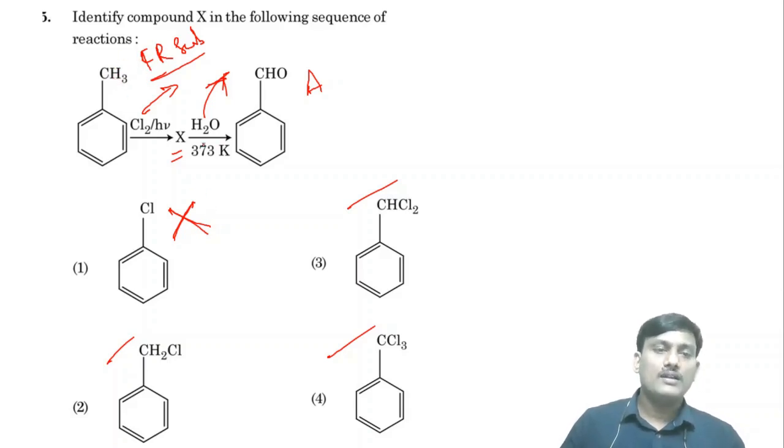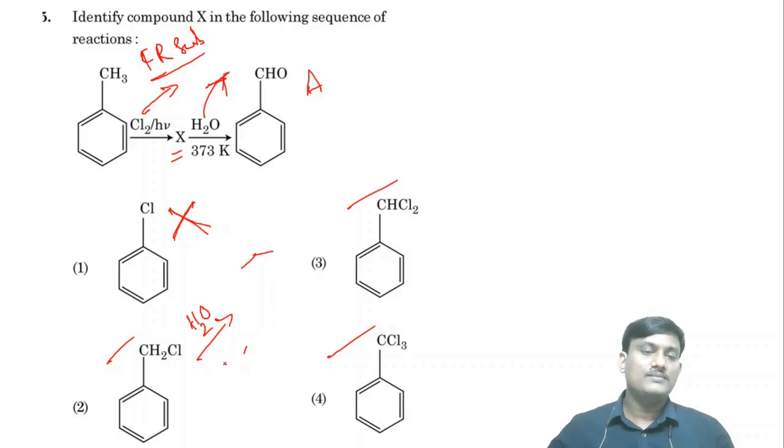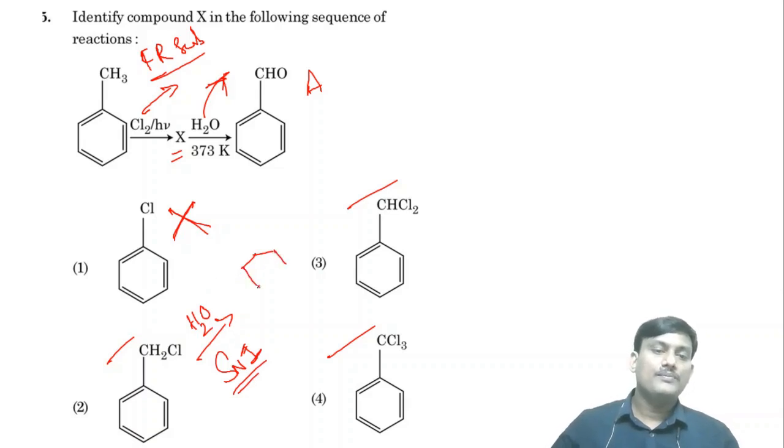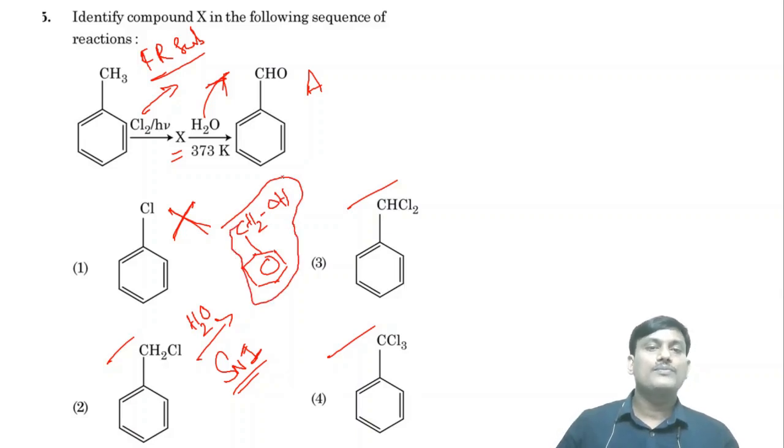Then upon hydrolysis, what is the product? Here there is a nucleophilic substitution reaction, SN1 type of nucleophilic substitution reaction. In this case, we will get CH2OH. This is the product you will get.